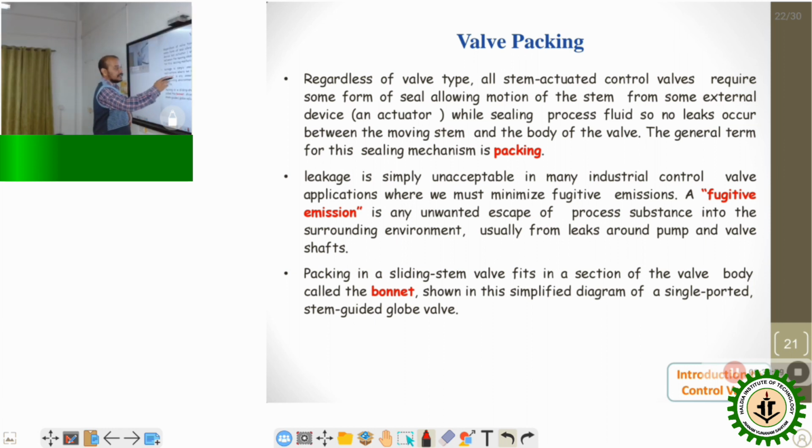Leakage is simply unacceptable in many industrial control applications where we must minimize fugitive emission, that means no unwanted escape of the process substance into the surrounding environment, usually from leaks around the pump and valve shafts.